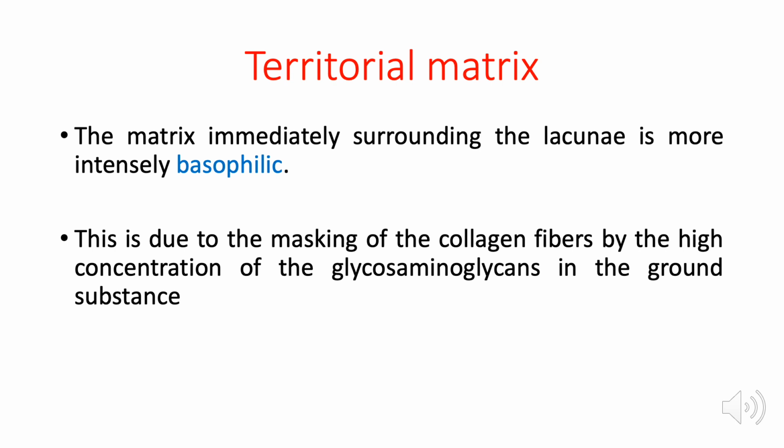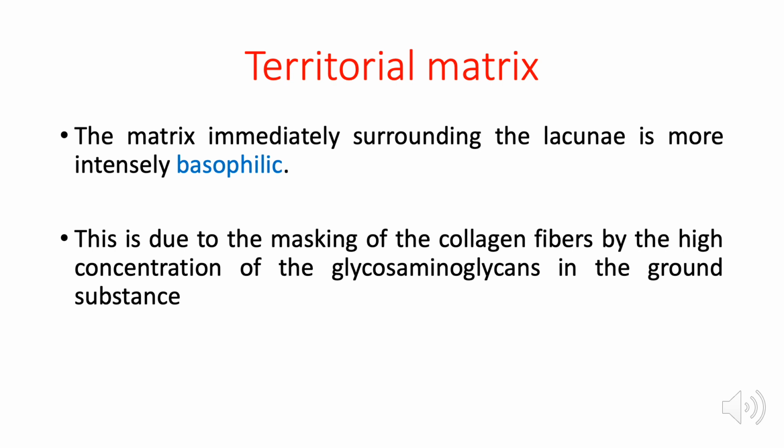An important area within the cartilage tissue that I want you all to take note is the territorial matrix. This area appears darker compared to the other portions of the cartilage. And most of the time, these are areas that we can find surrounding the lacunae of the chondrocytes. And what makes this area dark appearing is because it is basophilic. When you say basophilic, it's supposed to take up basic dye.